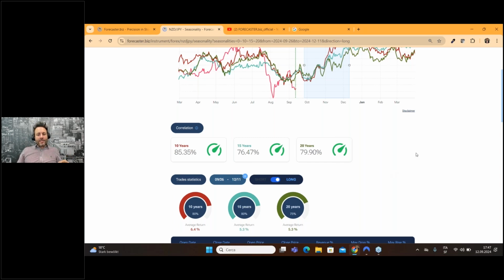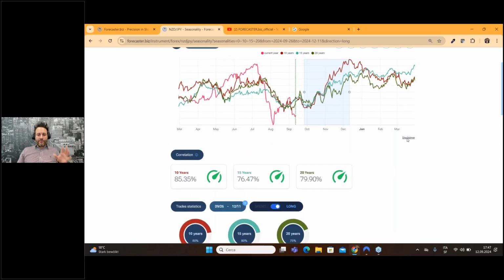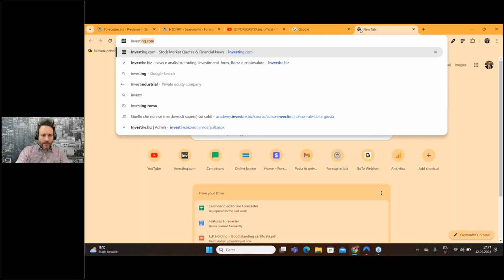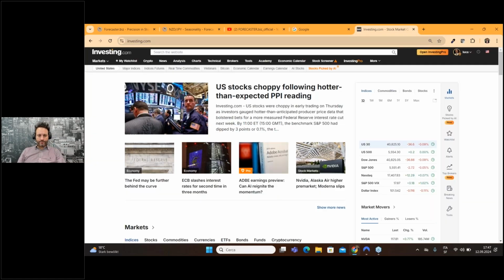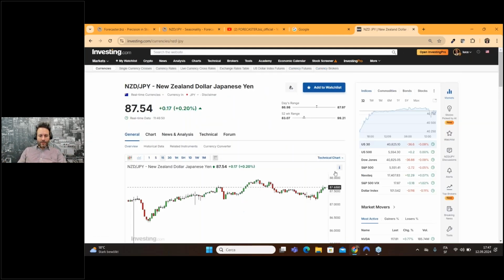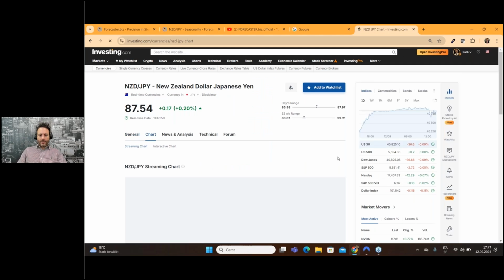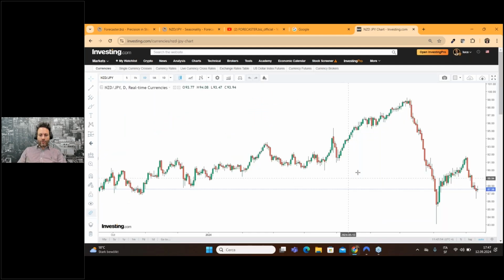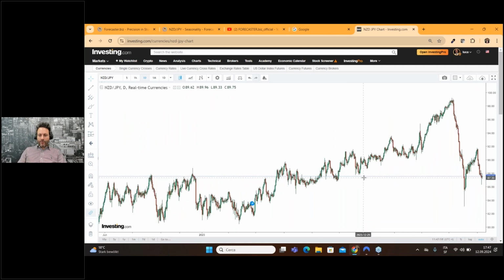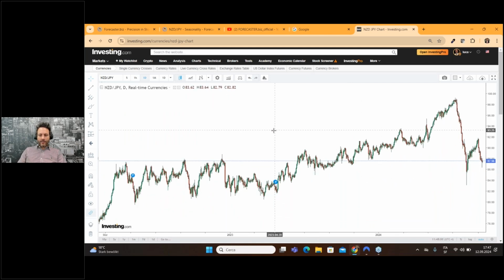So in this case, the best thing to do is going, for example, on a good chart. Here we are on Investing. You can of course find Forex charts on every website in the world. Open the chart and try to understand if it could be the right moment to get inside this trade.